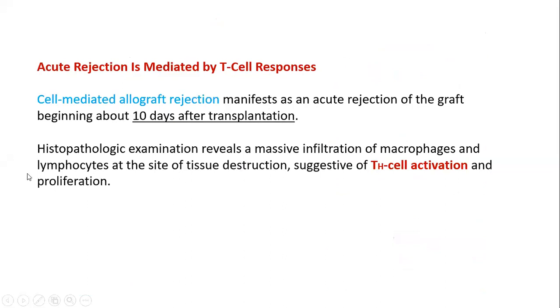Basically, when macrophages are associated, it usually gives an indication of T helper cell activation and proliferation. So in the acute rejection case, this is the mechanism.